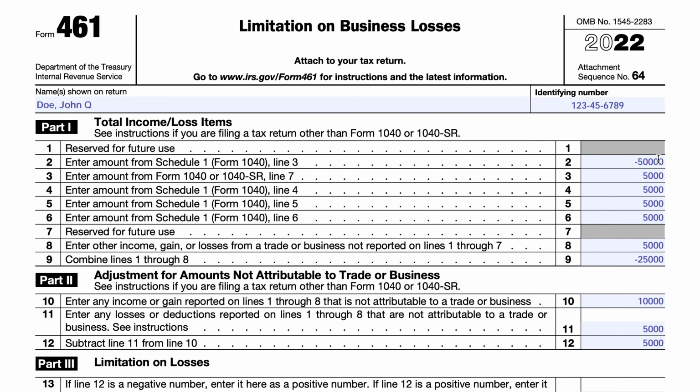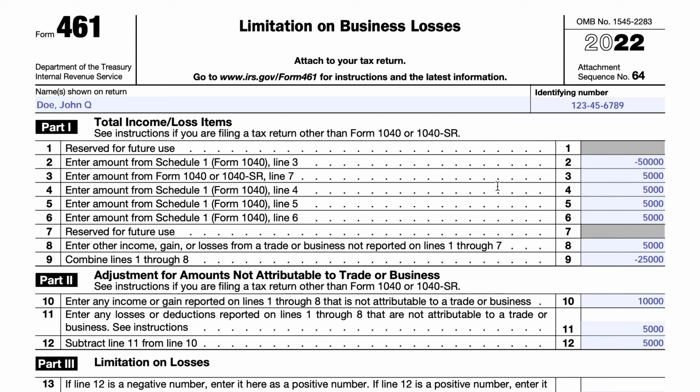You may need to file Schedule D to calculate that. You may need to file IRS Form 8949 to calculate that. But at the end of all of that, the number that you put into line 3 will come from that line 7 from your 1040.